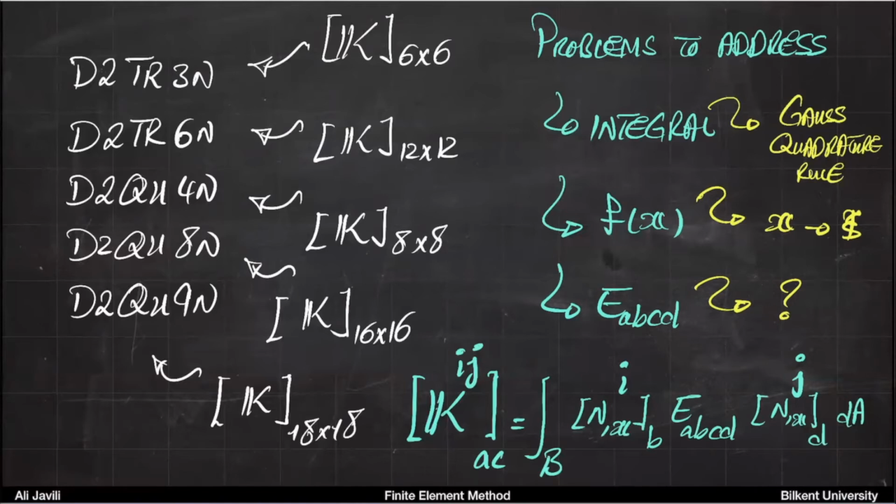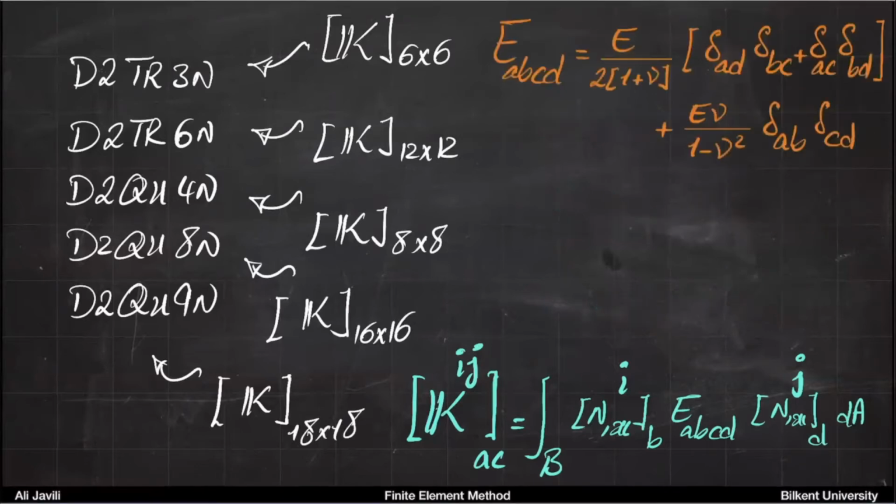So what is that? Now, this is nothing that you don't know already. Maybe you don't know it in the way that I am going to write it in the next slide. But this is exactly what it is. Okay, so if you have your elastic material properties, you can exactly write your constitutive tensor. You can write your E.